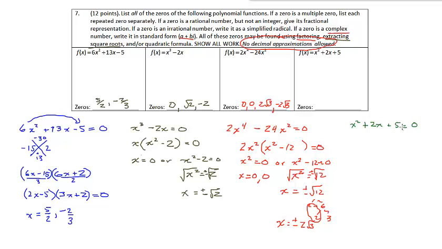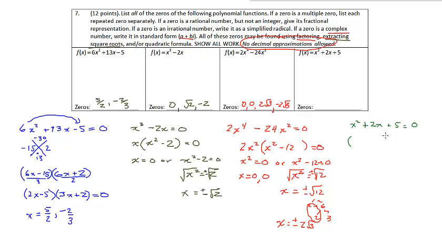Well, the only factors of 5 are 1 and 5, and there's no way to get that to add up to 2. So we could complete the square or use the quadratic formula. So let's do complete the square.